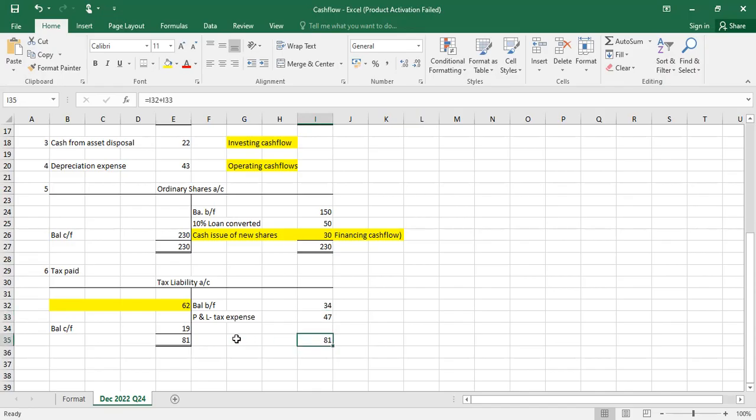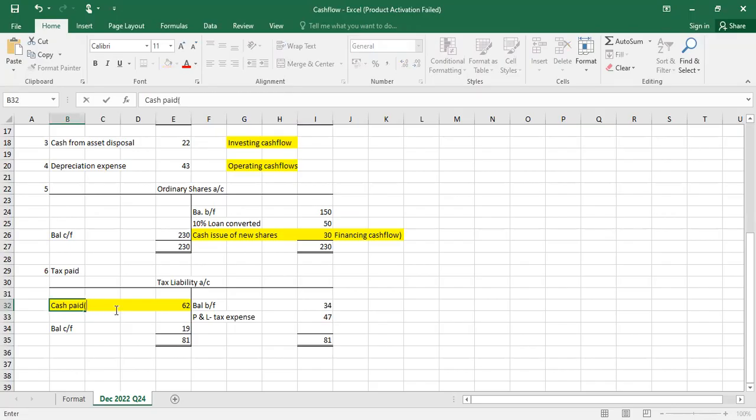If we then close the year with 19, it means we have decreased the liability, yeah? When would the liability decrease? When you have done what? You've paid it. When you have paid cash. So the 62 is therefore the cash paid for the tax liability, yeah?